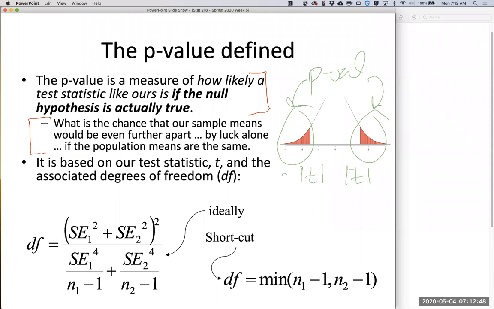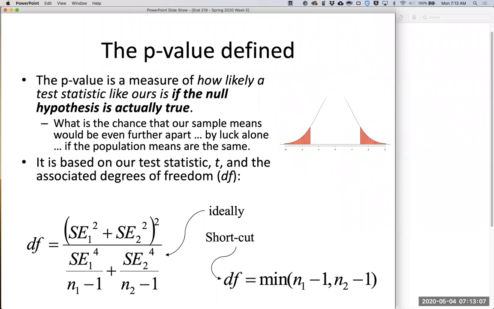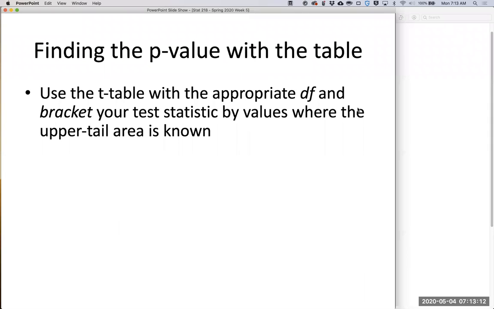What we did get in our test statistic t is a measure of how close the data are to the null hypothesis, a measure of how unlikely, more unlikely upstairs and more unlikely downstairs, taken together. So the p-value, that's going to be easy to calculate.